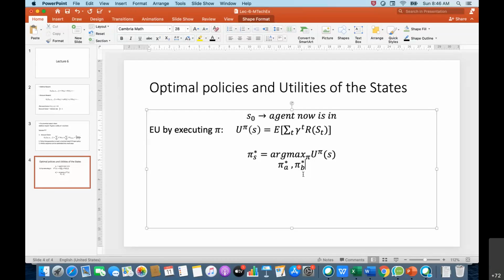So these two optimal policies should not disagree with each other, or with any other optimal policy.